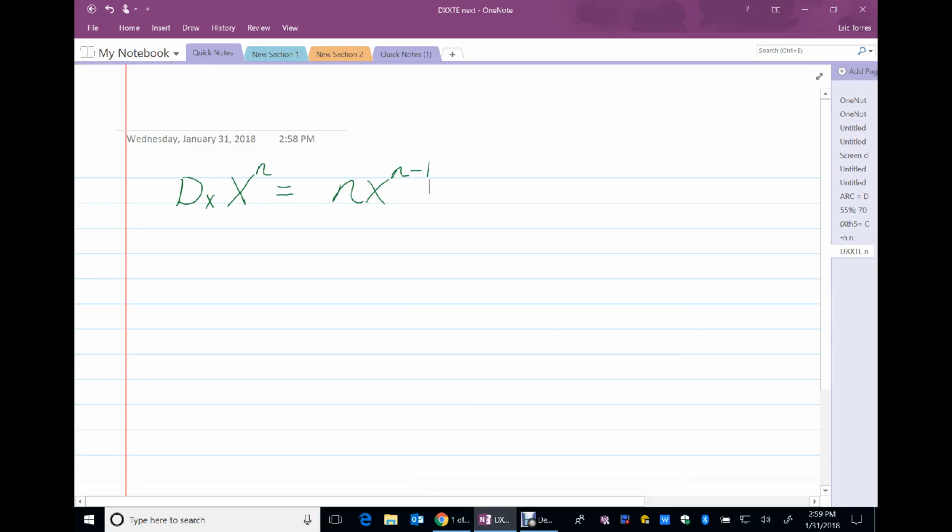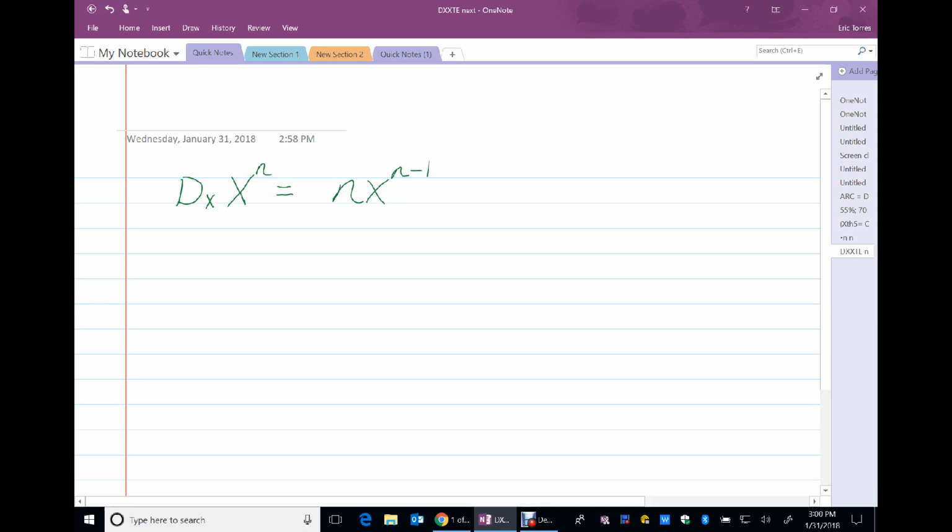Okay, so for this proof, I'm going to establish that when I take the derivative of a function x raised to n, where n is an integer, its derivative is that integer times x to the n minus 1.